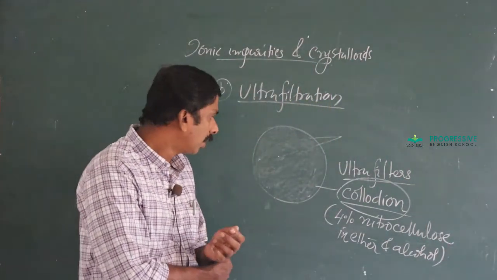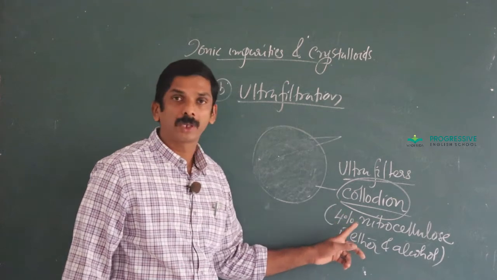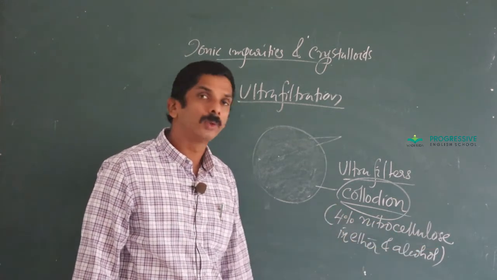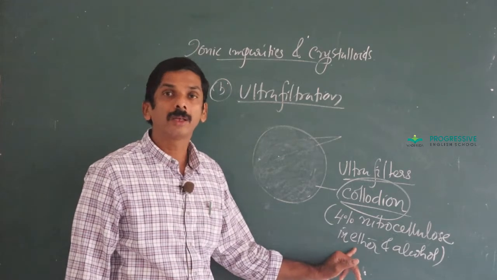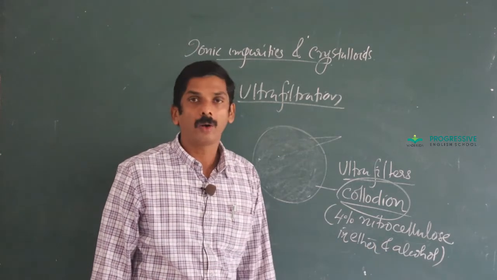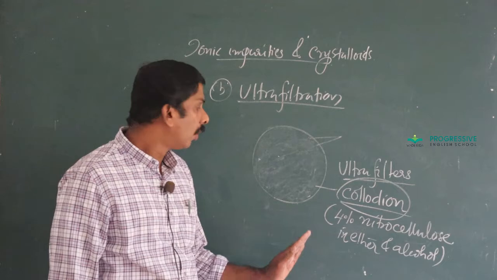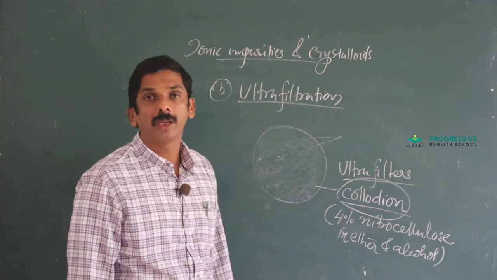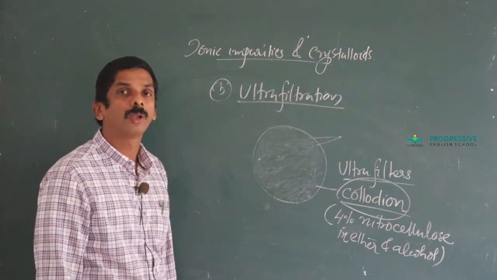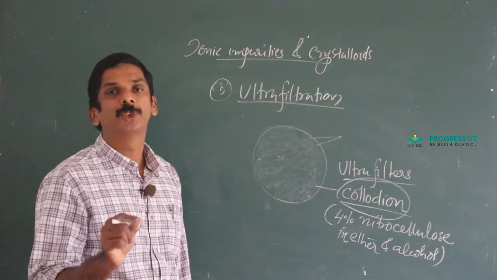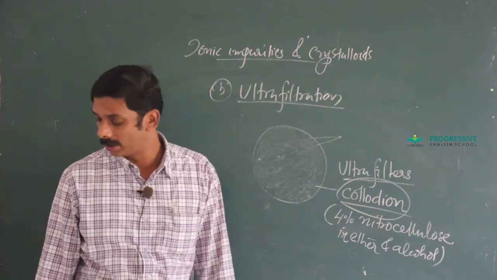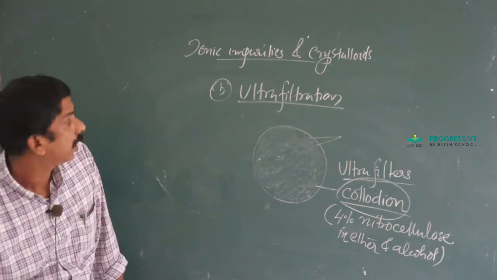Your answer is: collodion is a mixture of 4% nitrocellulose in ether and alcohol. That mixture is called collodion. It is used to minimize the size of the pores of ordinary filter paper. Okay.